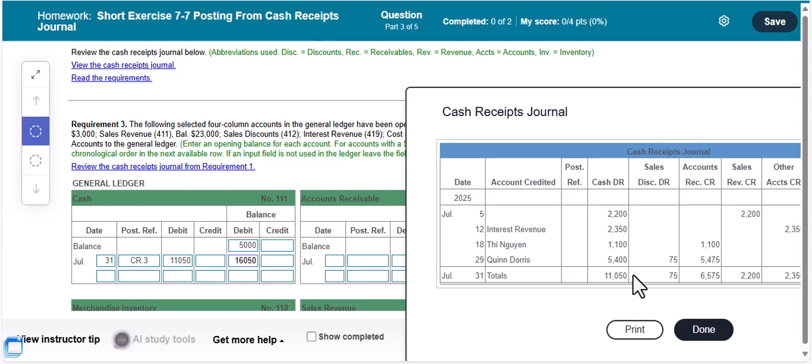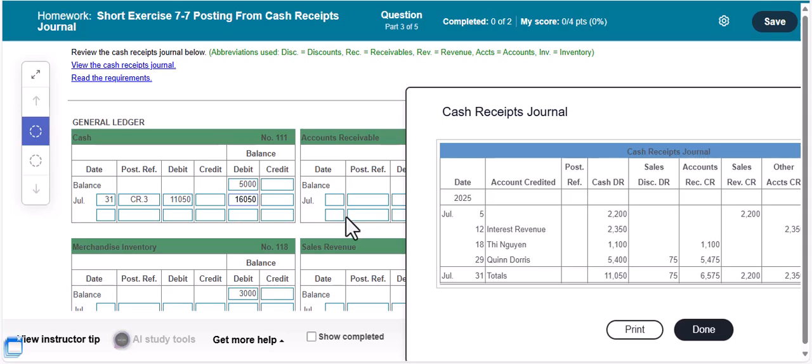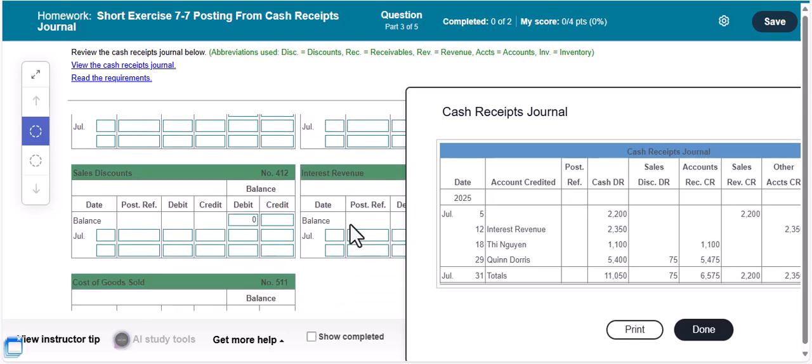Next, an easy one, we have a debit here to the sales discount. So let's go ahead and scroll down to our sales discounts. So we have July 31st, and we have posting reference CR3, and then we have a debit of 75 with a balance then of 75.